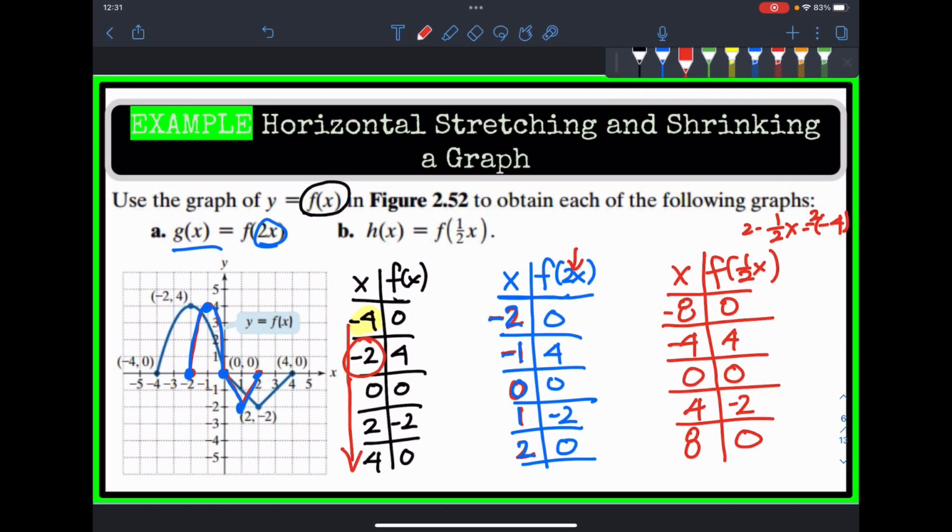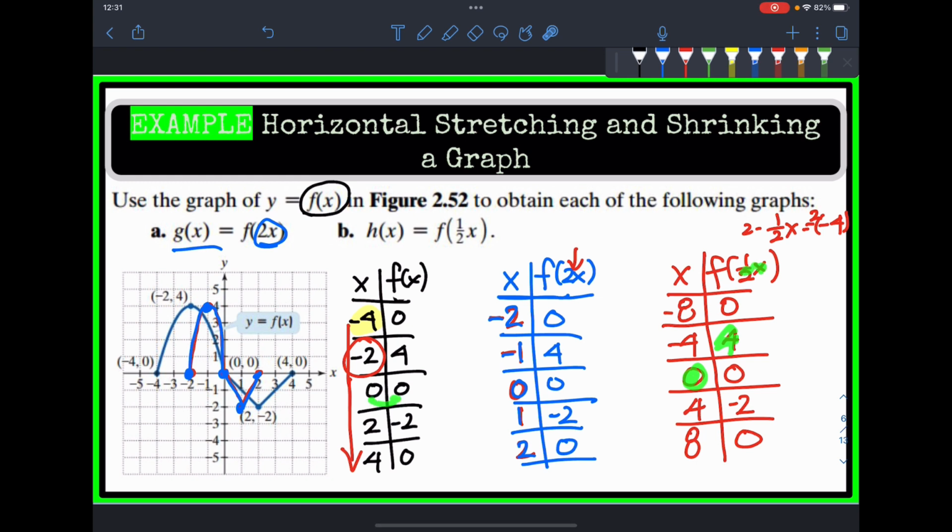And now this works out because substituting in -8 here for x, -8 times 1/2 is equal to -4. And well, -4 gives me an output of 0. -4 times 1/2, that's equal to -2. And -2 gives me an output of 4. 0 times 1/2 is equal to 0.